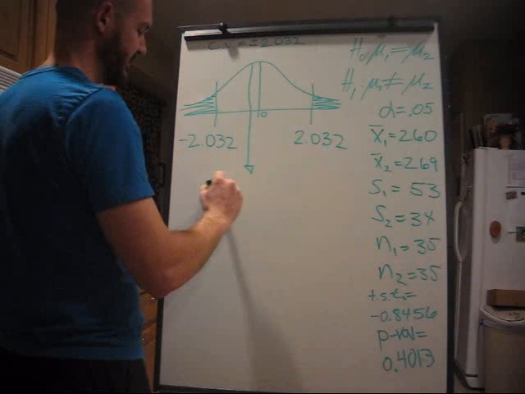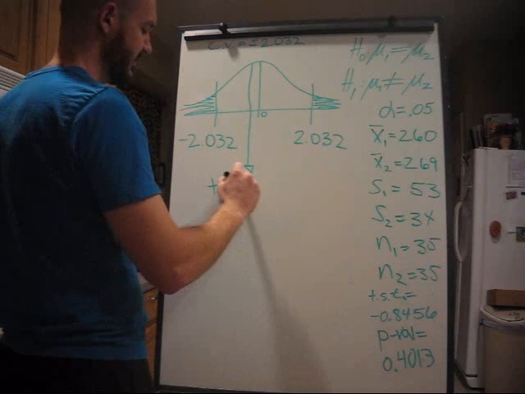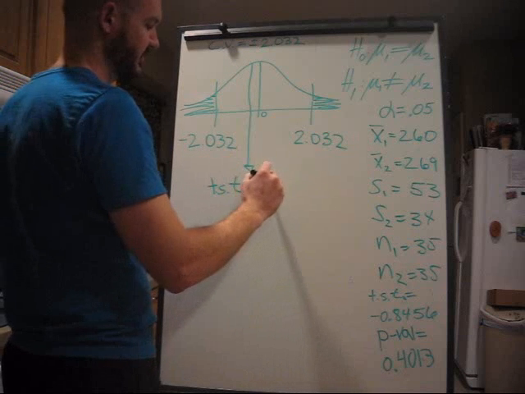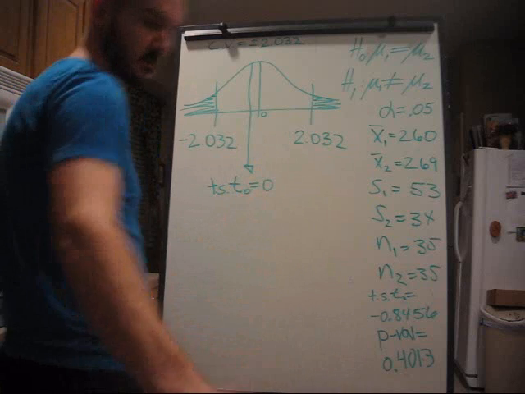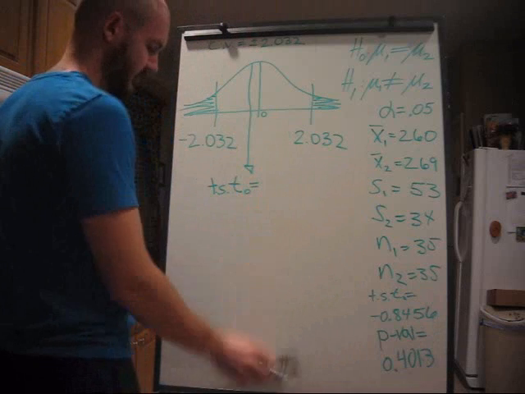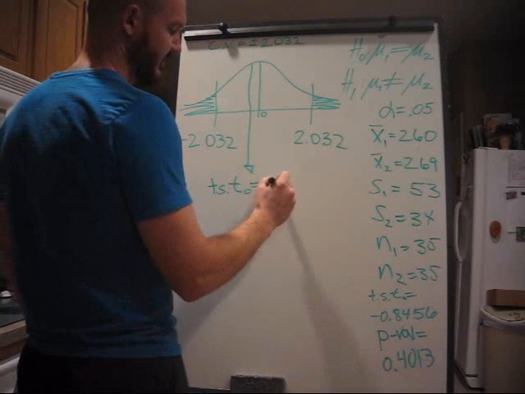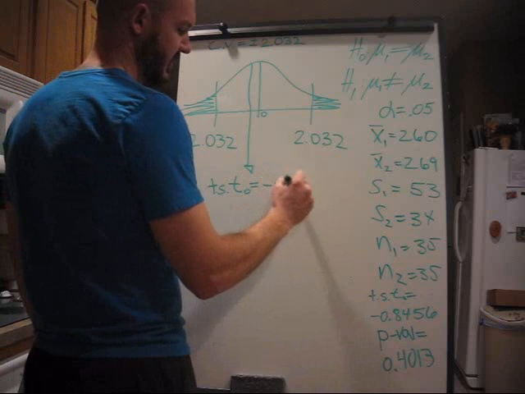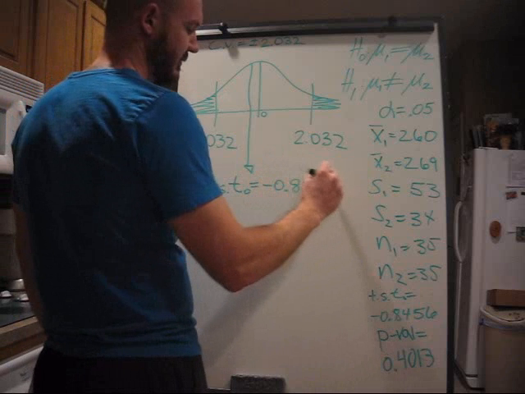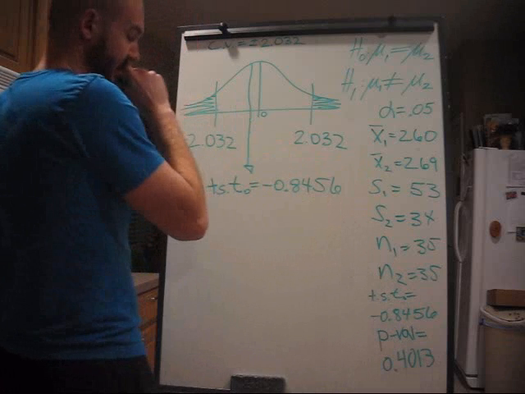That is the test statistic, t naught equals negative 0.8456.